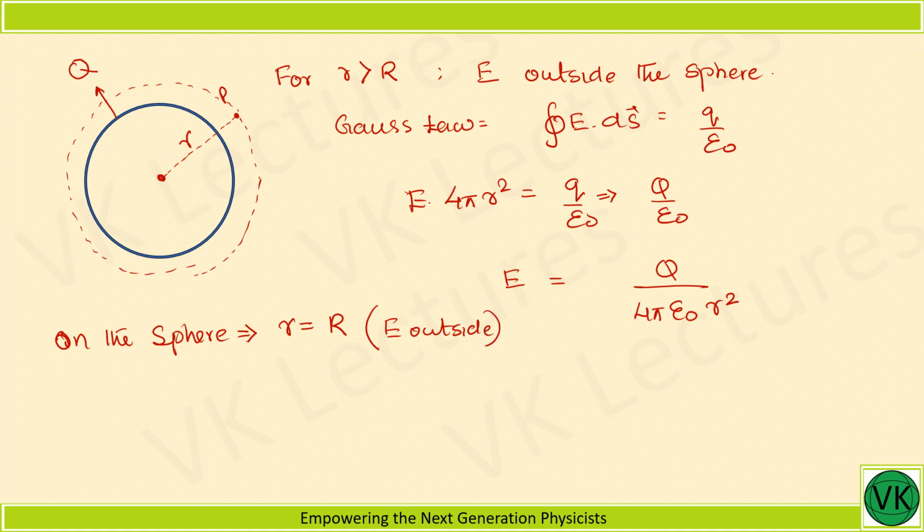We cannot apply this formula when the electric field is inside. So here we can apply, but we cannot apply it to the previous case. So on the sphere means r equal to capital R, so electric field will be equal to capital Q divided by 4 pi epsilon naught capital R squared.